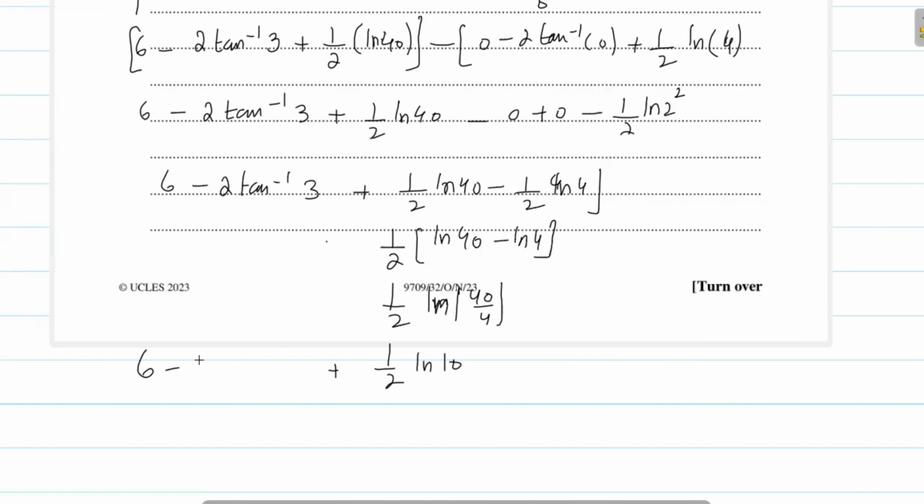Therefore, we write 6 − 2 tan⁻¹ 3 + 1/2 ln 10, and this is the answer.